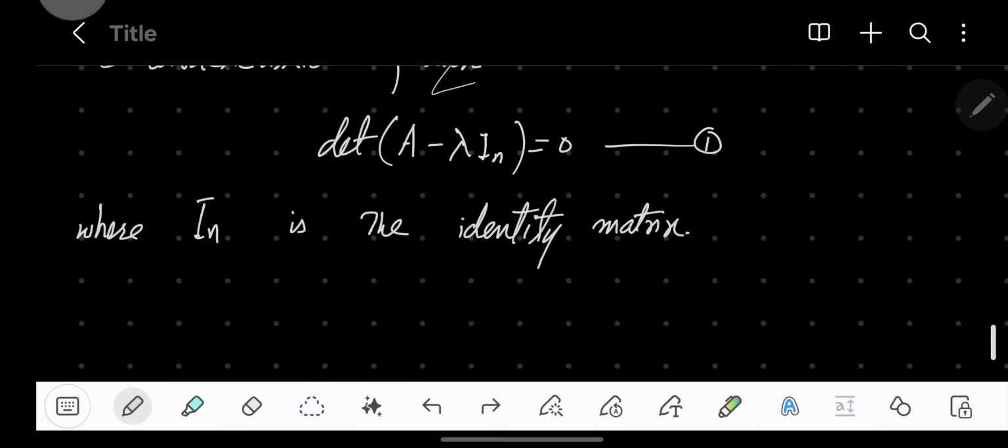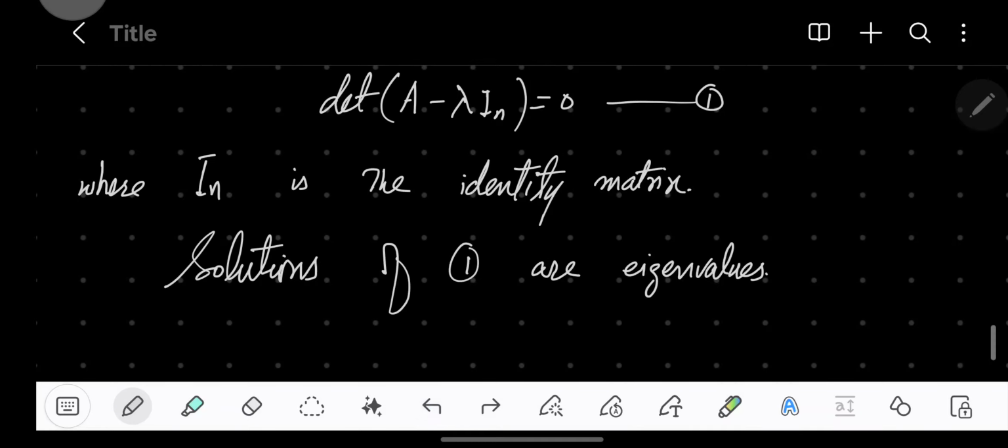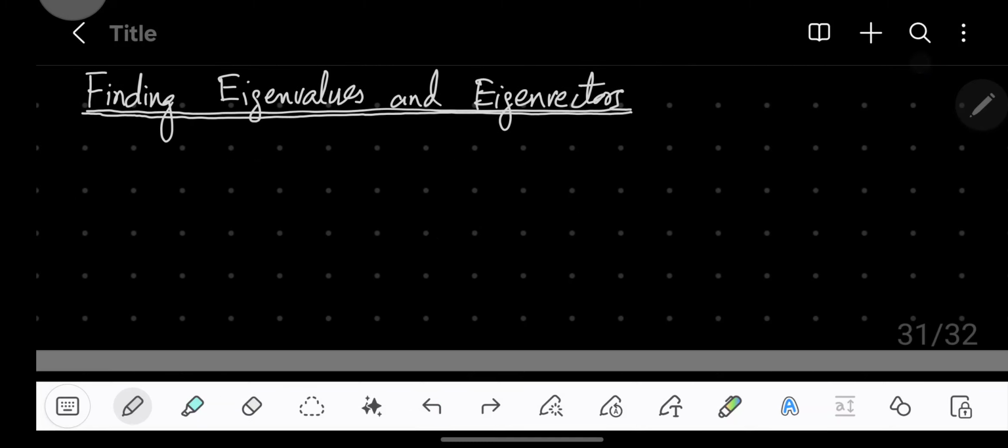The good thing about this characteristic equation is that the solutions of this equation are the eigenvalues of A. So if you want to find the eigenvalues of A, then you have to solve the characteristic equation.